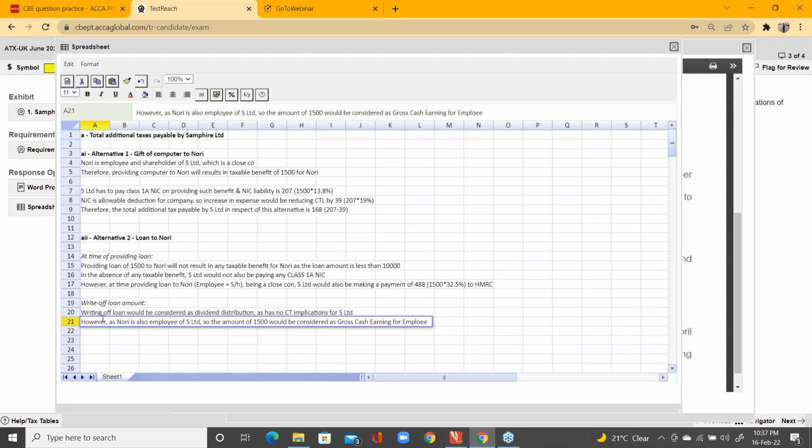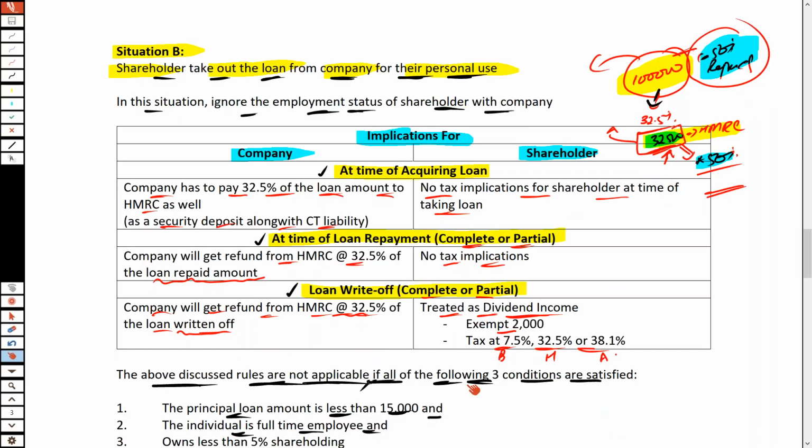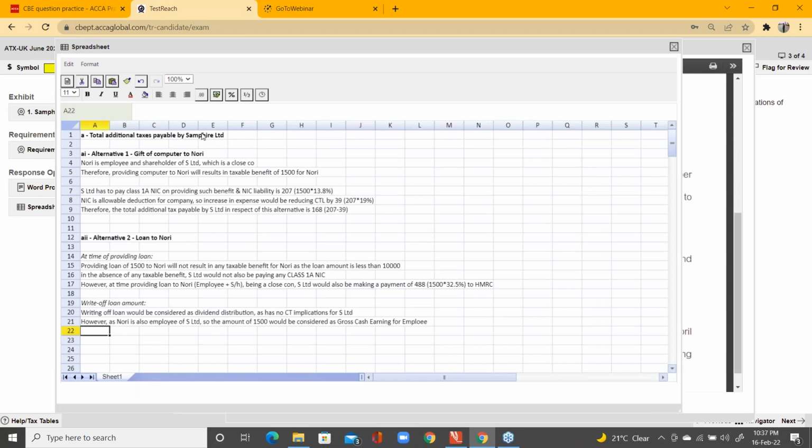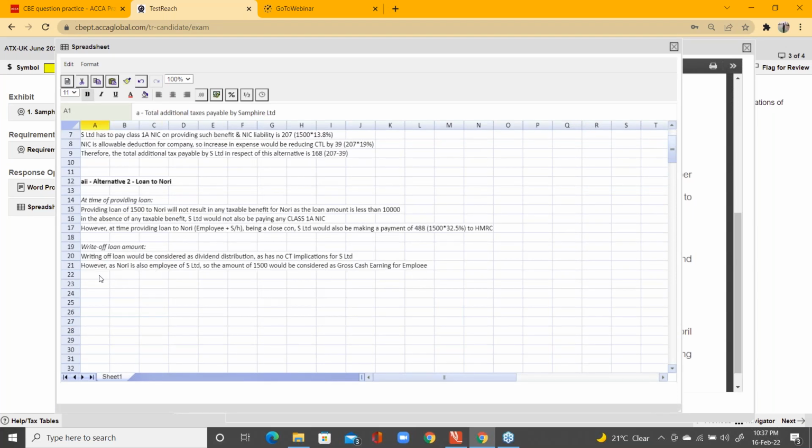And we know one thing: on gross cash earning, both the employer and employee pay class 1 NIC. In this part, we are talking with respect to the company, the employer. So the employer would be paying class 1 NIC on the gross cash earning paid to the employee.